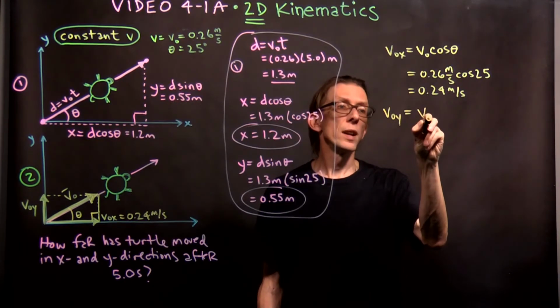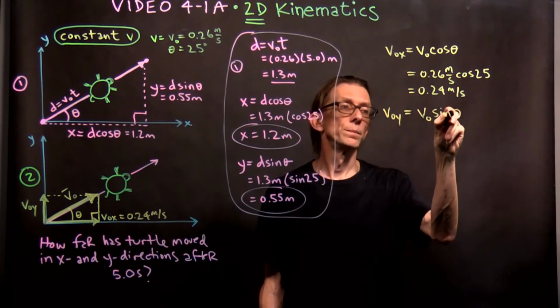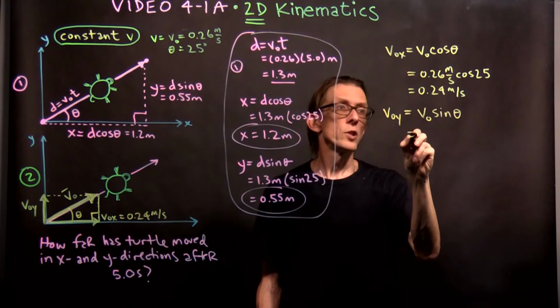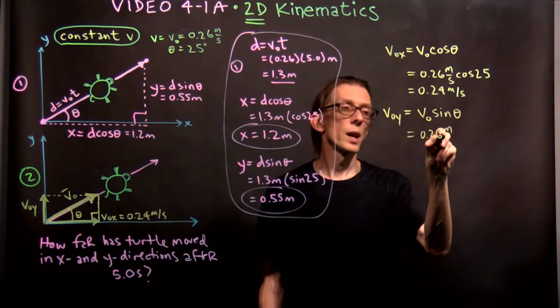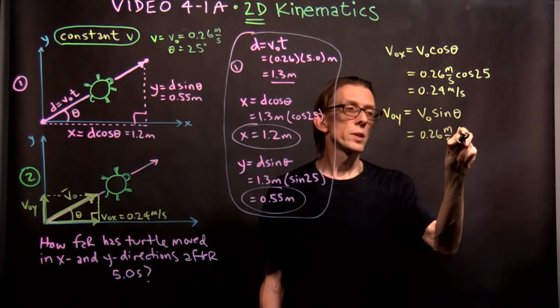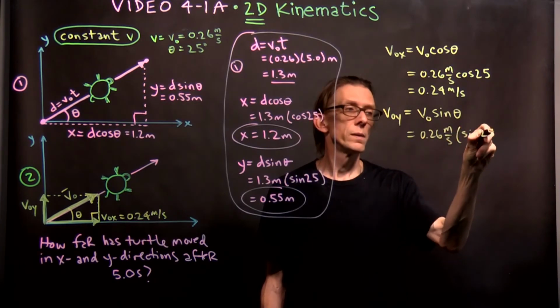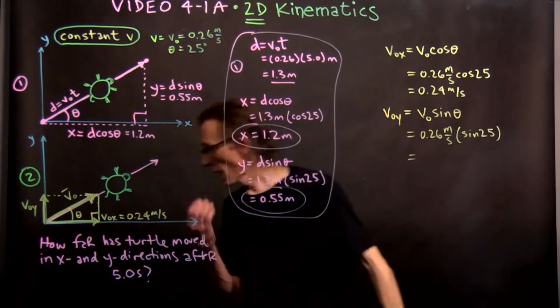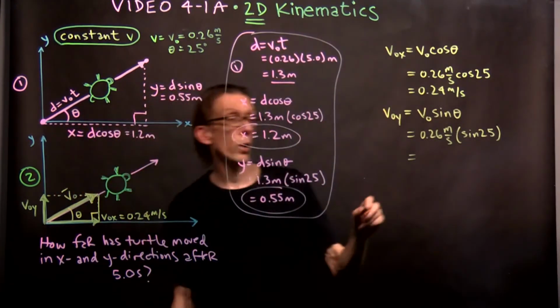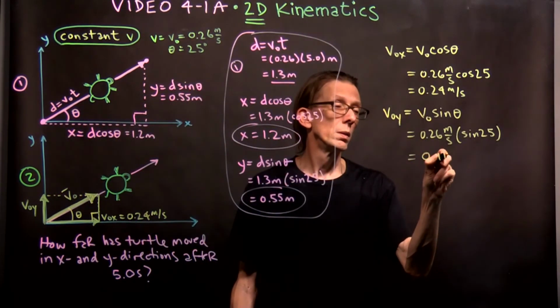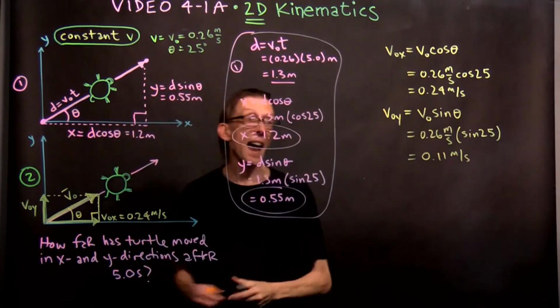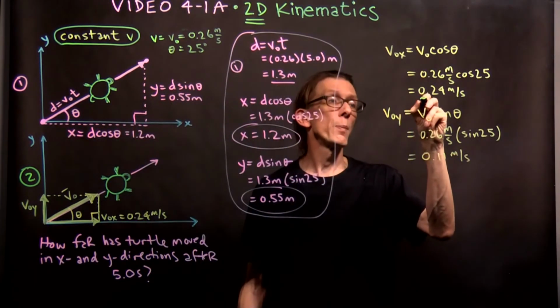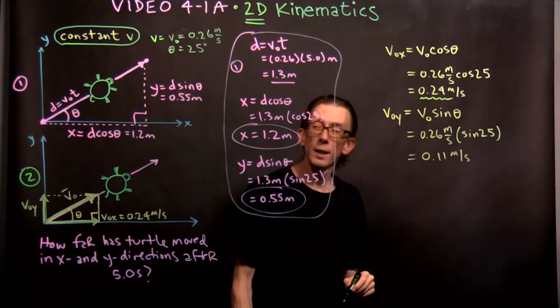V naught y is v naught sine of theta, which is 0.26 meters per second times sine of 25. When you do those maths, you get 0.11 meters per second. So the turtle's x-coordinate is increasing at 0.24 meters per second.